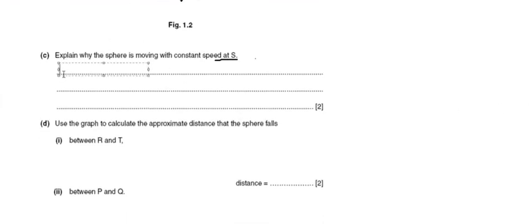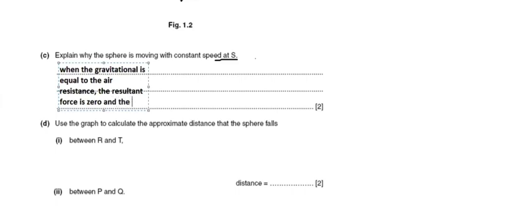That's why it is moving with the constant speed. So we can write down over here, when the gravitational force is equal to the air resistance, the resultant force, that is the total force, is 0, and the speed becomes constant.